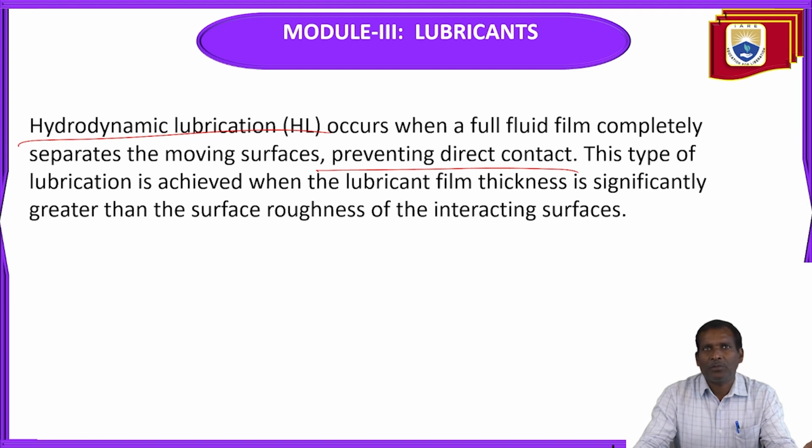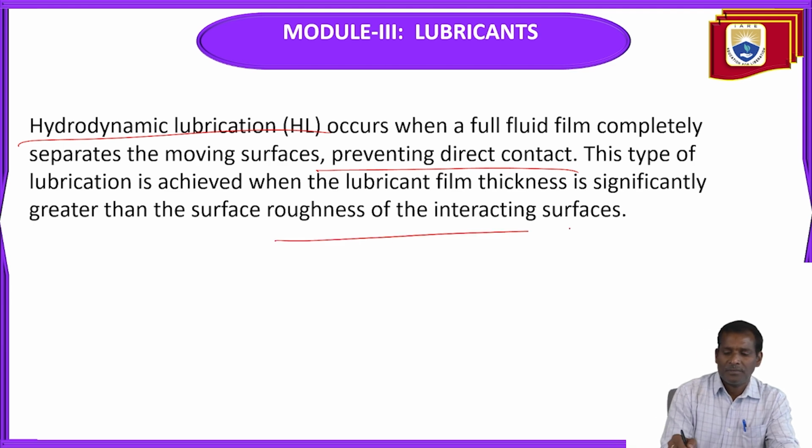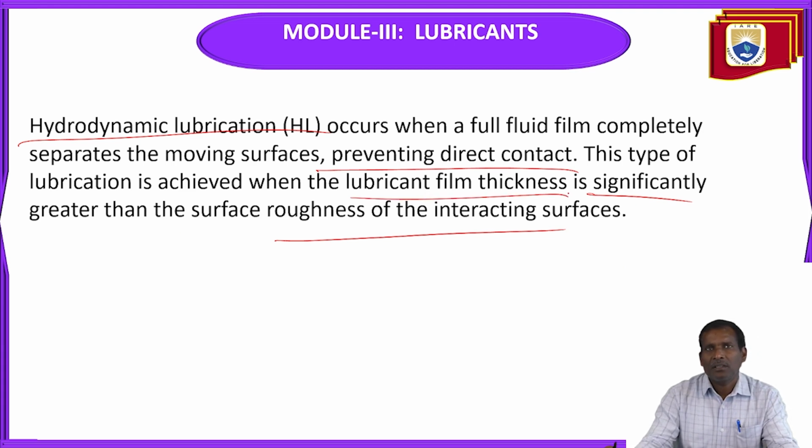To avoid this, you should use a hydrodynamic lubrication system. This type of lubrication is achieved when the lubricant film thickness is significantly greater than the surface roughness of the interacting surfaces.